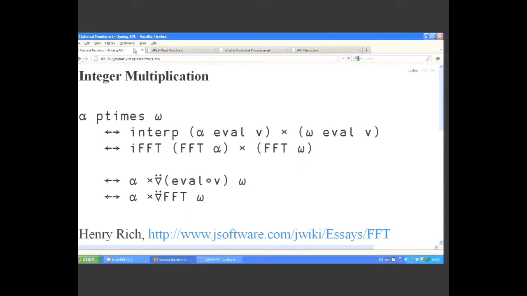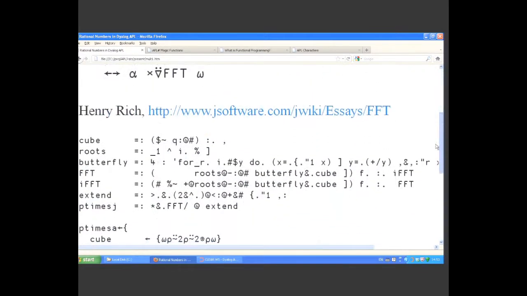He's currently a high school teacher in North Carolina, and in his previous career he did a lot of work with digital signal processing, which uses the fast Fourier transform. He sent a really good statement of the FFT to the J forum last December. And I worked with him and we got it down to a pretty good form.